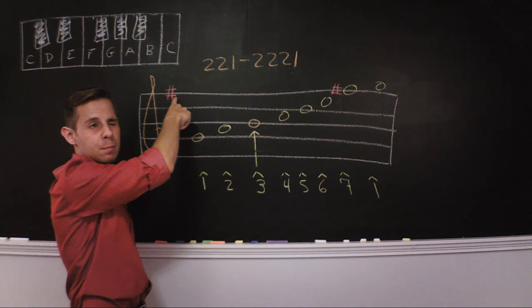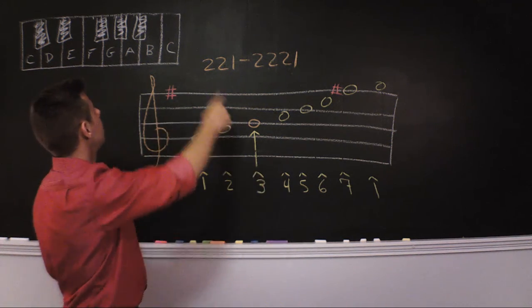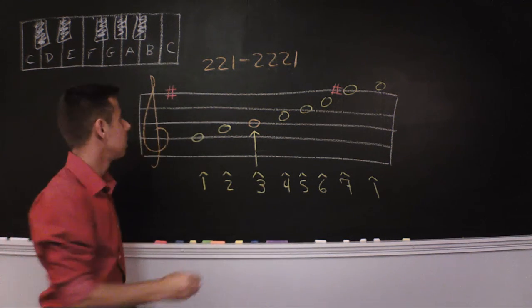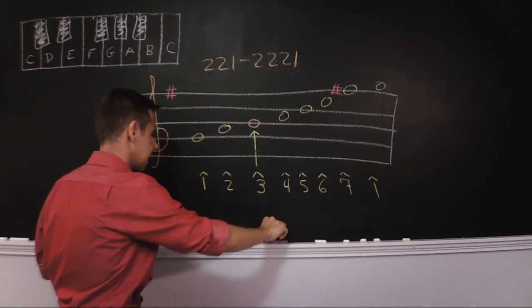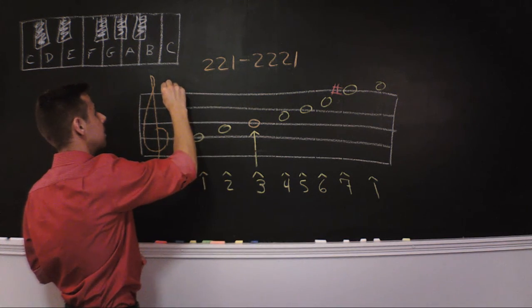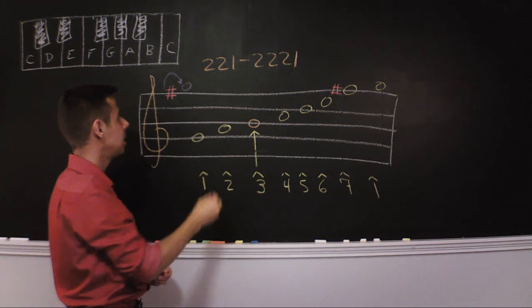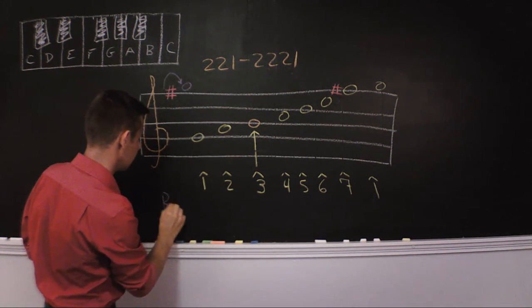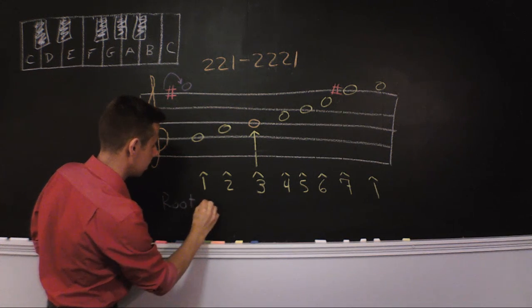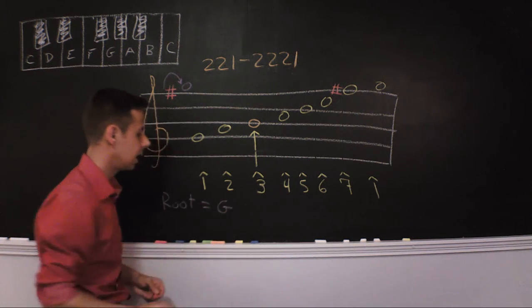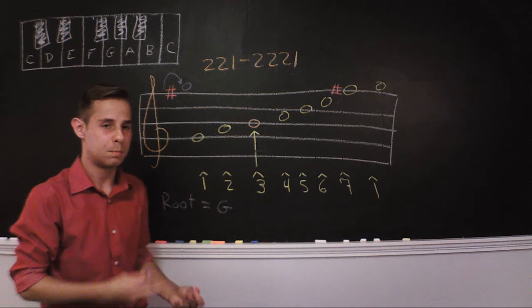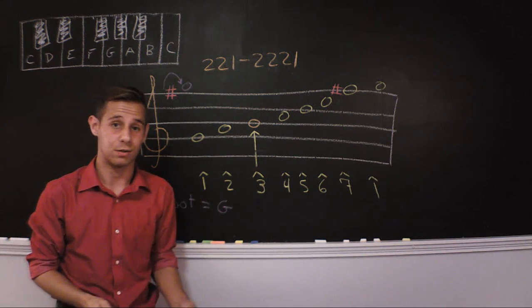What's 1 half step above F sharp? Well, 1 half step above F sharp is G. So if you want to know the key based on the key signature, you go 1 half step up, and you know that your root is G, and so you're thus reading a piece of music that's in G major or its relative minor.